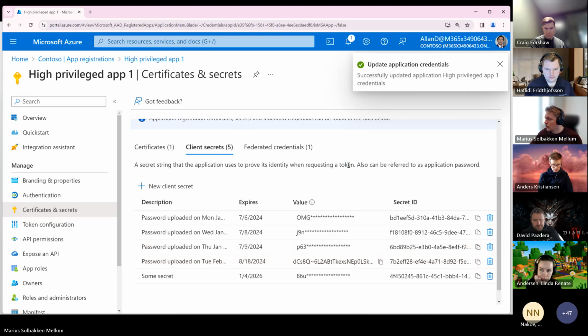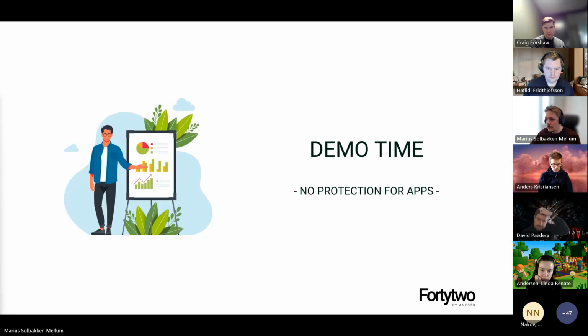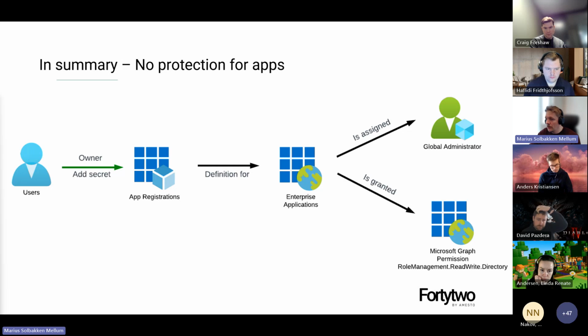So what does that mean? Essentially, we used an owner to add a secret to an app registration. But that app registration is linked to an enterprise application that, in this situation, is granted RoleManagement.ReadWrite.Directory.